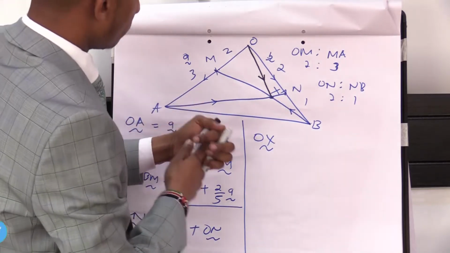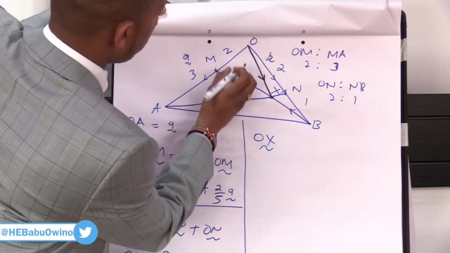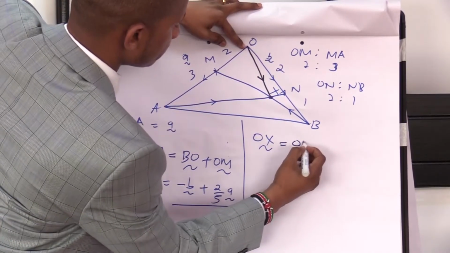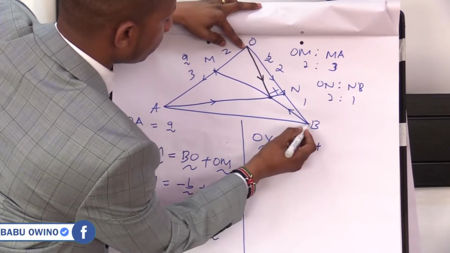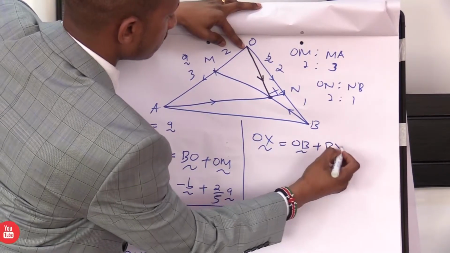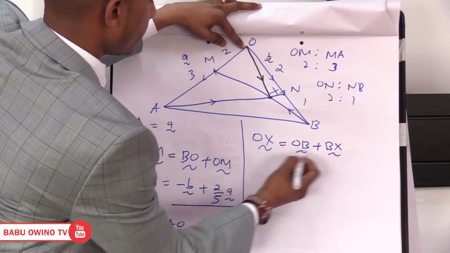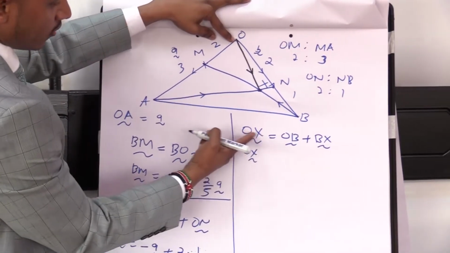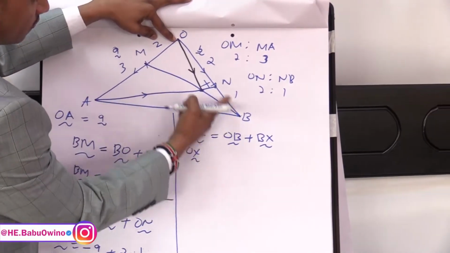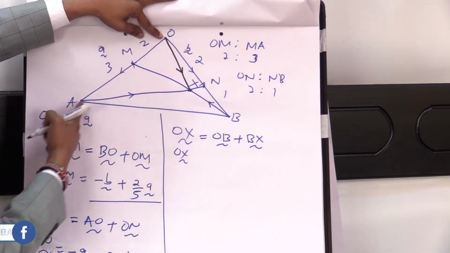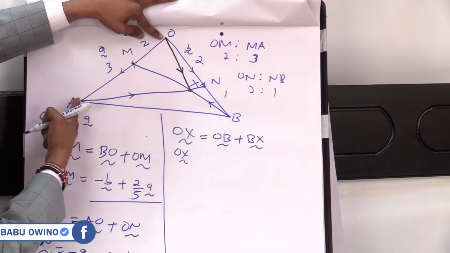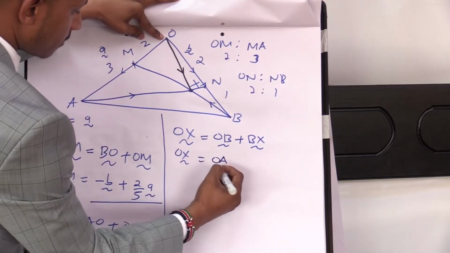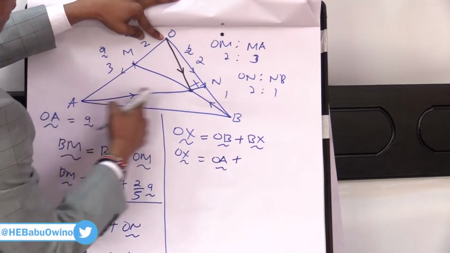We can move from O to X by moving from O to B and then moving from B to X. So when you open this up, another OX, you can follow this route or follow this route. When you follow this route, OX equals OA plus AX.